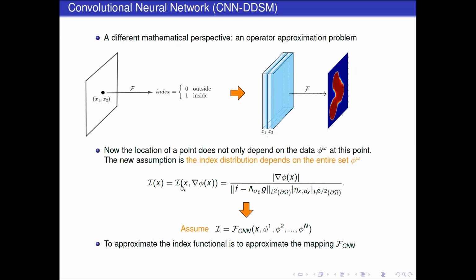So now we should call it the index functional, and the index functional depends on all this input data functions v1 up to vn, and we use the convolutional network to represent this data function. We use the convolutional network to represent this nonlinear mapping because of this gradient.